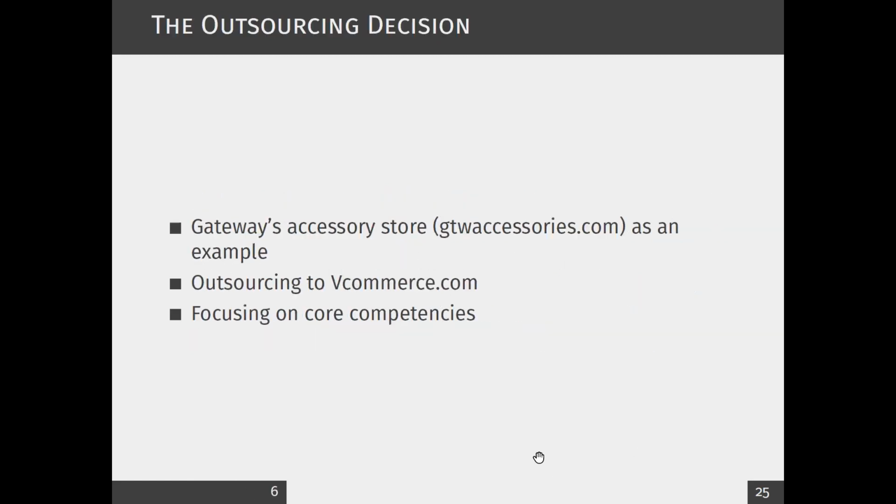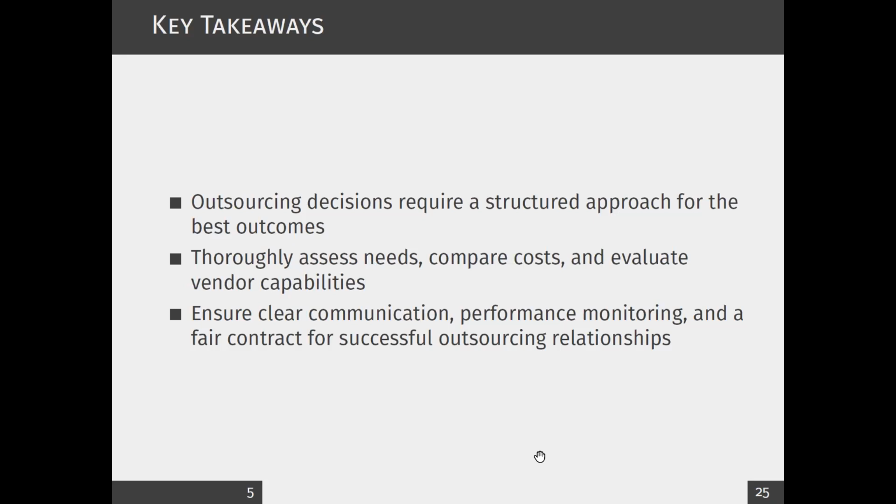Now, the next one. As a summary from this part, for an outsourcing decision you need some structure to get the best outcome. So you have to thoroughly assess the needs and the requirements. You need to compare the costs, and then you have to compare the vendors.